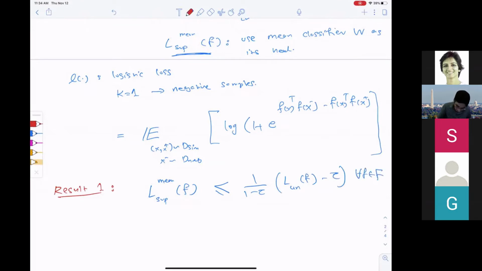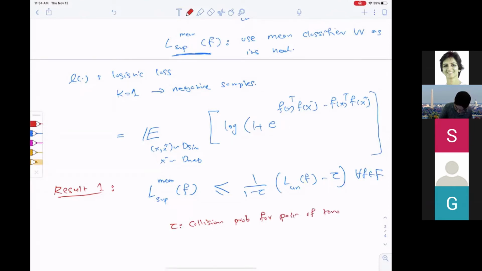And what is the tau here? Tau is usually small. It is the collision probability for a pair of random classes.